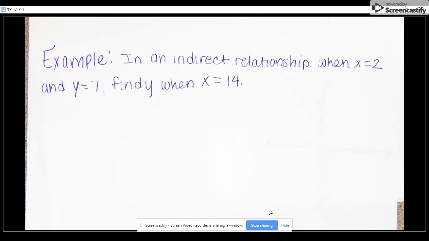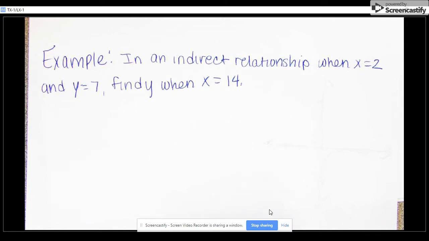So here we go. In our example, in an indirect relationship, when x equals 2 and y equals 7, find y when x equals 14. Now, a lot of these steps are going to be the same as direct variation, but we're going to use that different equation.